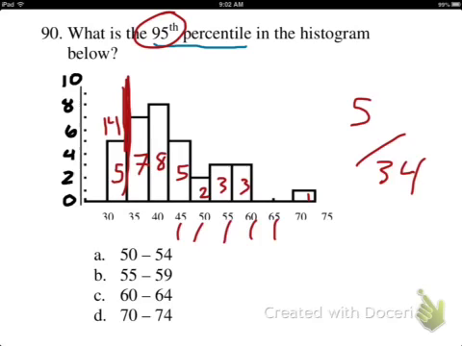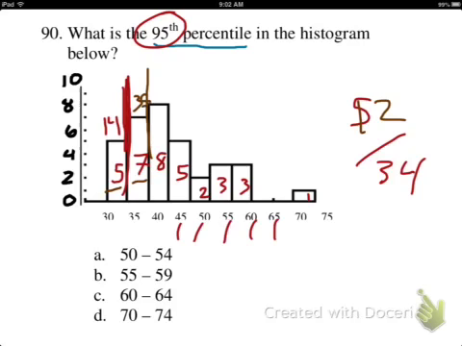So let's do the next one. How many people are below 40? We have the 5 and the 7 people, which is 12 if you add them together. So 12 divided by 34 gives me 0.35, which is 35%.